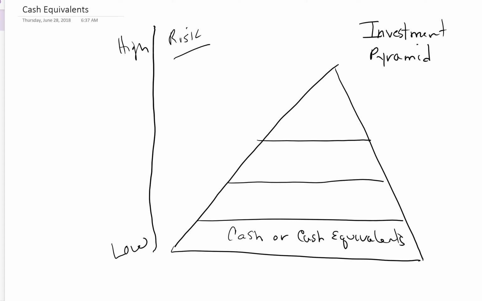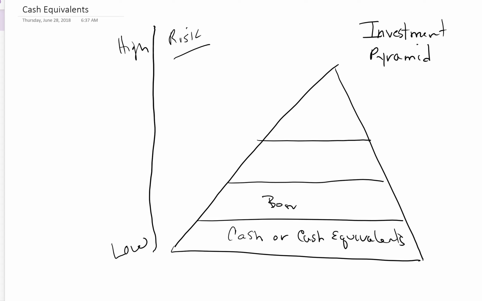So it's an important topic, cash equivalents. They serve as the foundation of our investments. We need to have money at this level for a variety of reasons before we start making investments at these other levels.